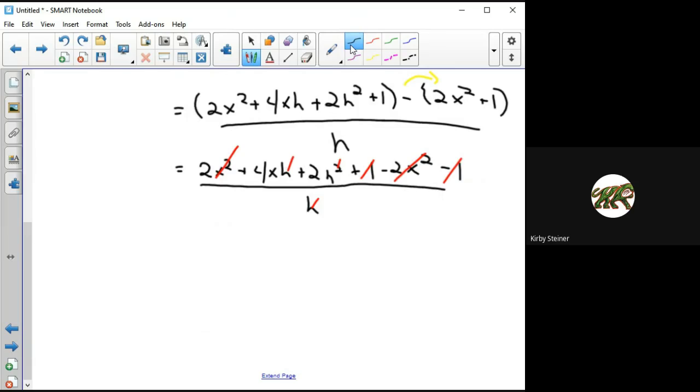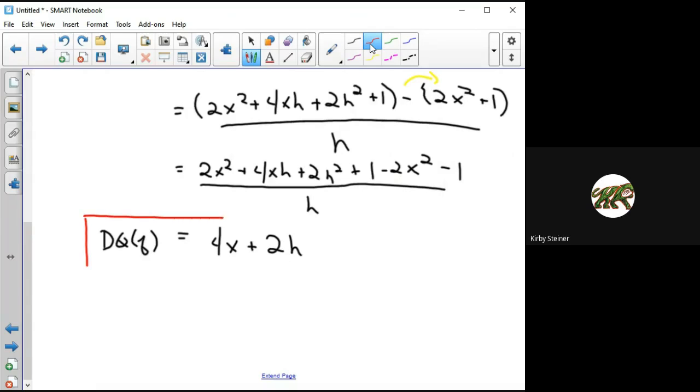That leaves us with 4x plus 2h. So 4x plus 2h is our difference quotient.